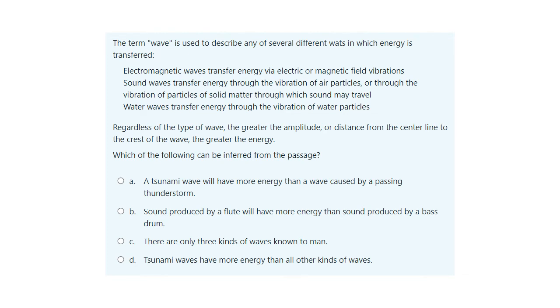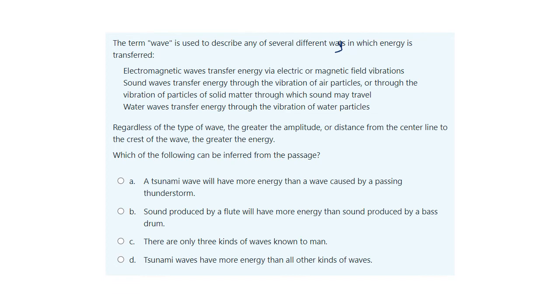Now, the term wave is used to describe any of several different ways in which energy is transferred. Electromagnetic waves transfer energy via electric or magnetic field vibrations. Sound waves transfer energy through vibration of air particles or through the vibration of particles of solid matter through which they may travel.